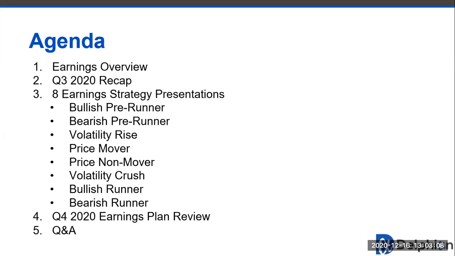So the agenda for today's webinar, which will probably go around 3 hours. We're going to go through a quick earnings overview, and then we're going to try and get them on. We're having Zoom difficulties right now.